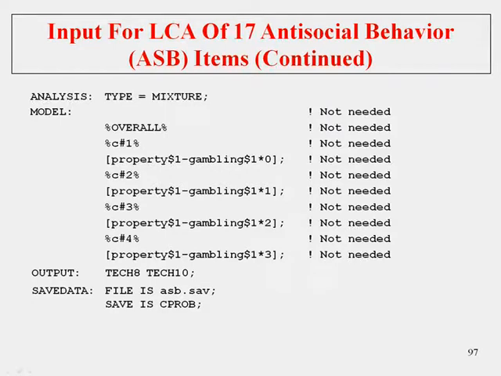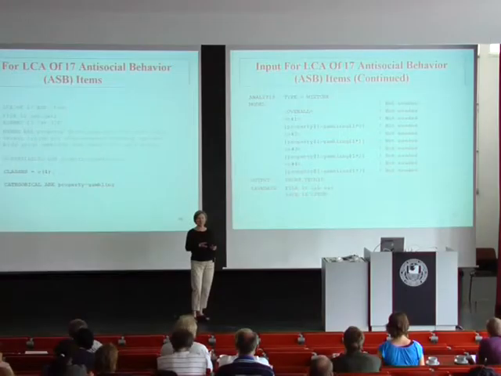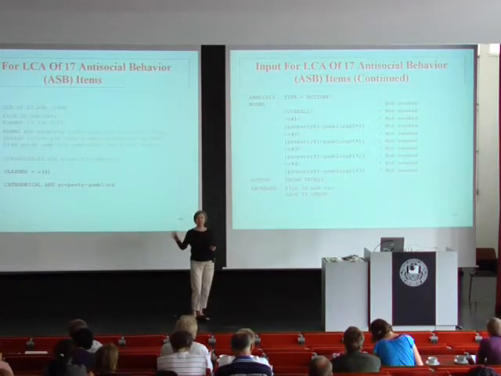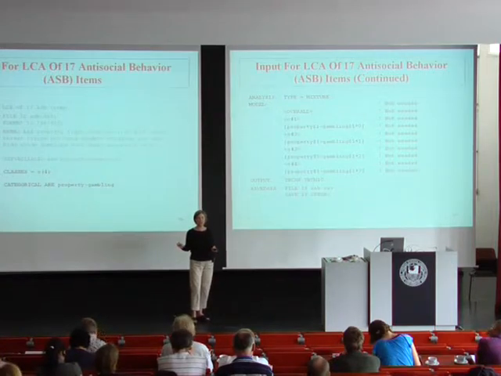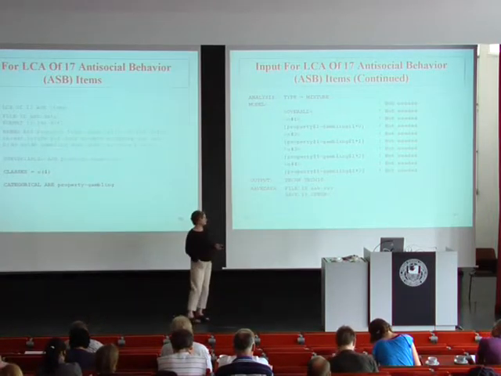I give a name where the data will be saved, and then I say save is cprob, which is the posterior probabilities. So you'll save all the analysis variables and also the posterior probabilities and most likely class membership. So this is what you do when you want that most likely class membership variable that we showed you in a couple of tables and plots.